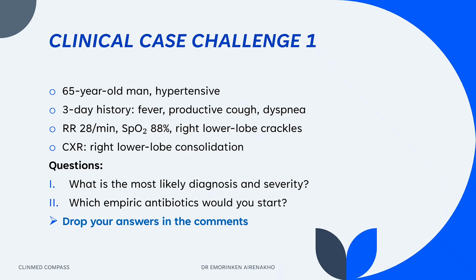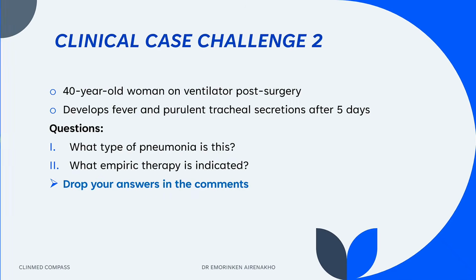Crackles in the right lower lobe on examination, and chest X-ray showed right lobar consolidation. The questions are: 1. What's the diagnosis and severity? 2. What empiric antibiotics would you start in this patient? Drop your answers in the comments.